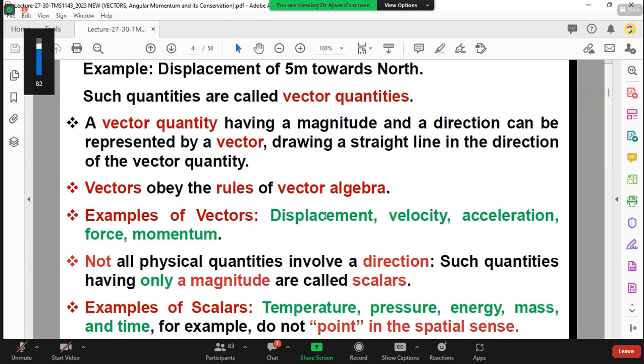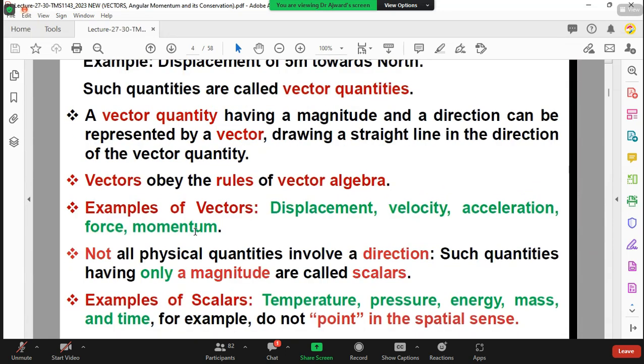Also, momentum is actually the reason I wanted to do the vectors, because without the vectors, sometimes it would be difficult to understand momentum, especially angular momentum and also linear momentum. So that would be another part of the content that is covered.